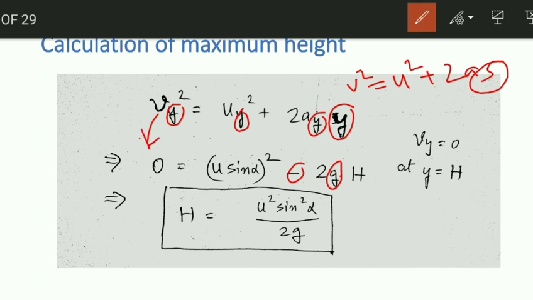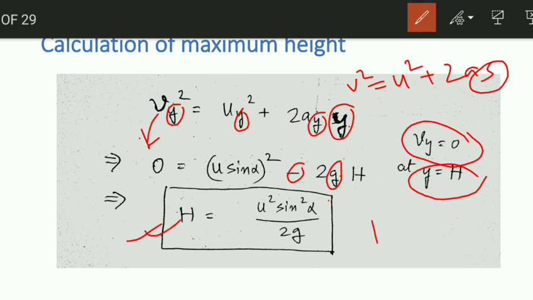Uy will be u sine alpha, whole square. Minus 2gh, when y will become h, because when vy is 0, the vertical component of the velocity is 0, y is h. So maximum height h, after solving this, will be u square sine square alpha by 2g. This is the formula for maximum height.